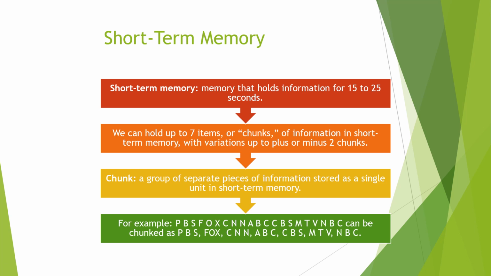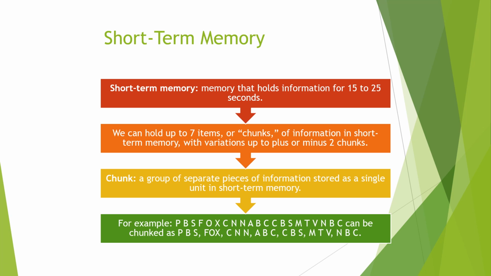Chunking is where you take a group of separate pieces of information and you store it as a single unit in short-term memory. So if you look at this example, right, we have 1, 2, 3, 4, 5, 6, 7, 8, 9, 10, 11, 12, 13, 14, 15, 16, 17, 18, 19, 20, 21.